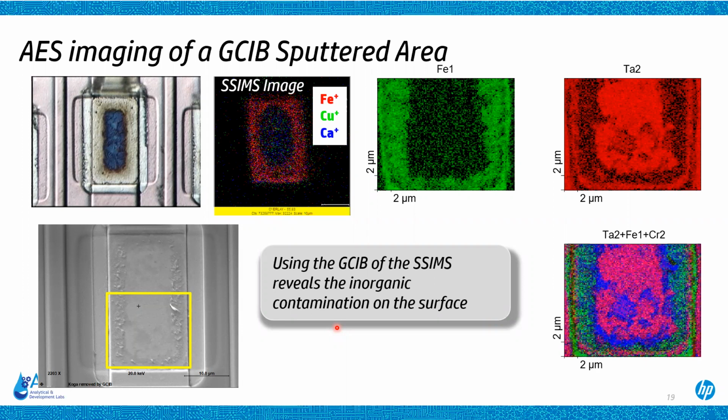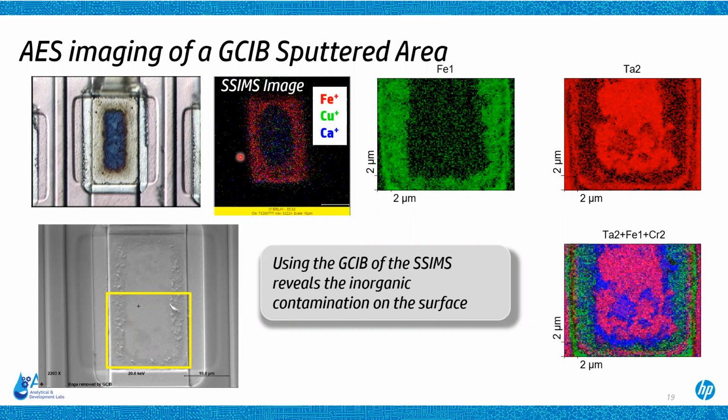The other part of using GCIB is it selectively removes organic material and leaves behind inorganic material. So what we're looking at here is a resistor that has a residue left on it. Turns out it's basically burned organic material. However, we can remove that. When we do, we find other components of the ink that have separated out spatially on the surface.